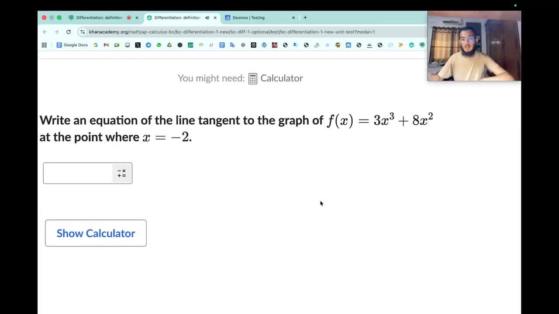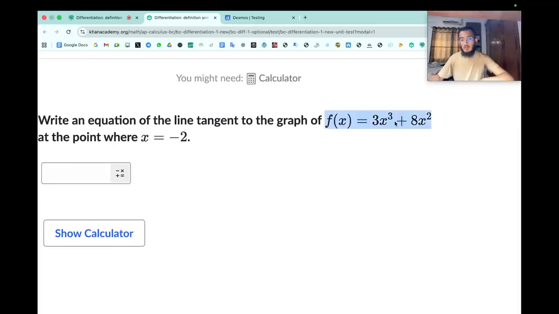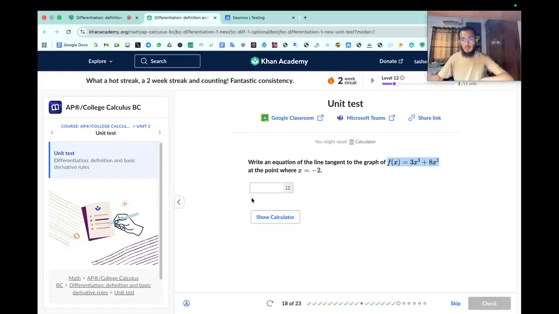Write an equation of the line tangent to the graph of this at the point where x equals -2.